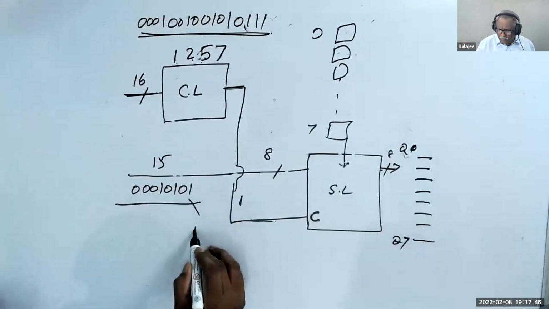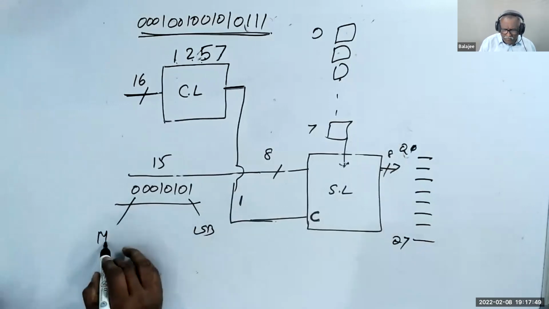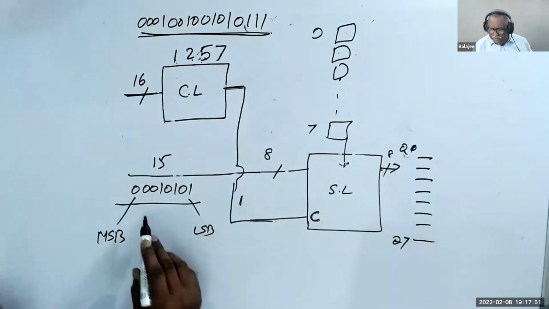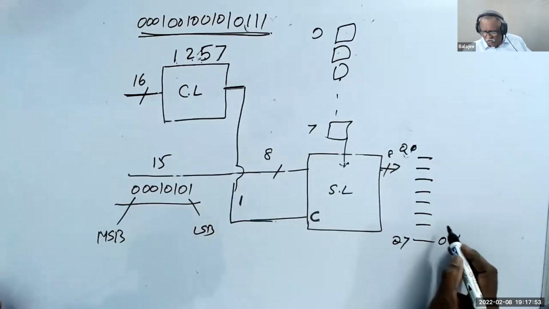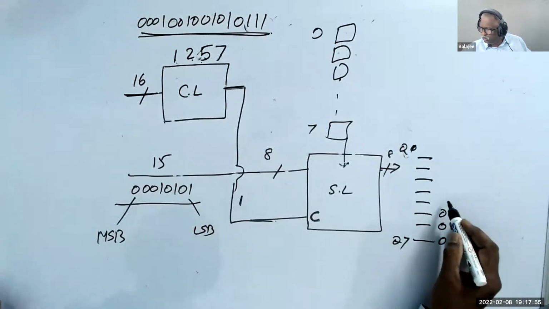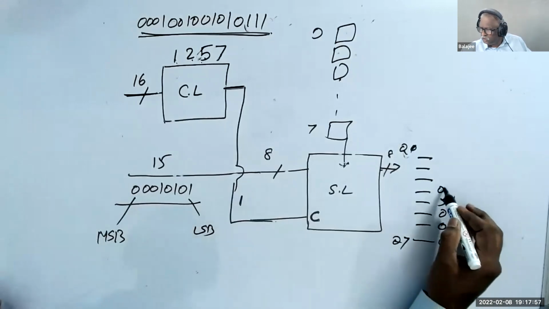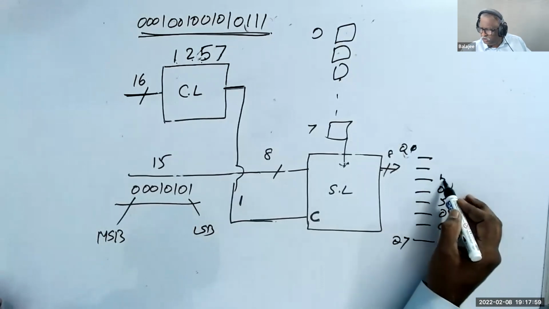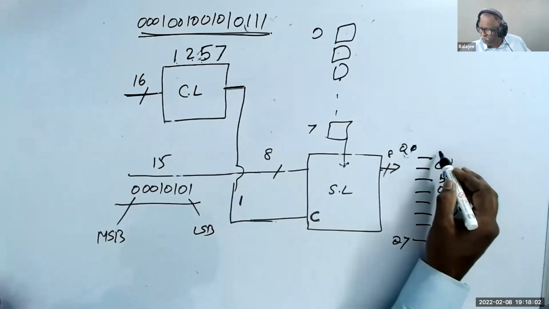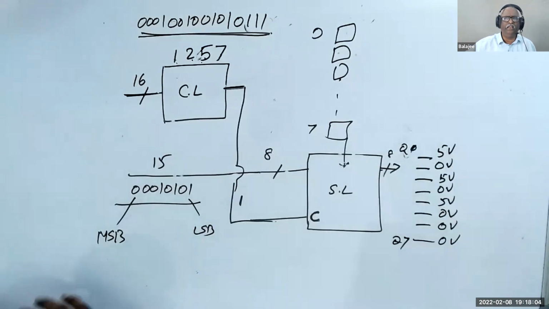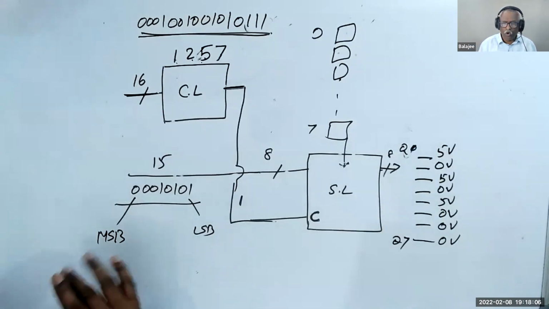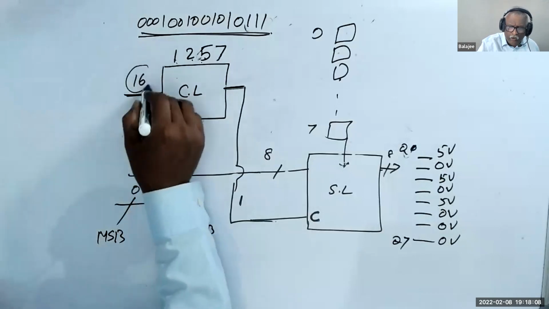This is LSB. This is MSB. So this 0 goes here: 0 volt, 0 volt, 0 volt, 5 volt, 0 volt, 5 volt, 0 volt, 5 volt. Do you understand that? Now, who is going to give this here?